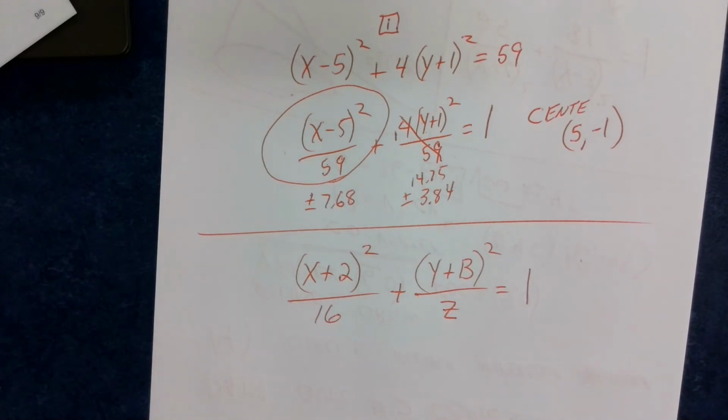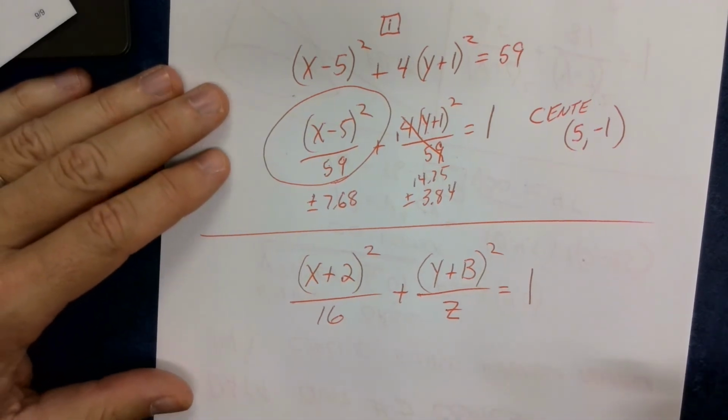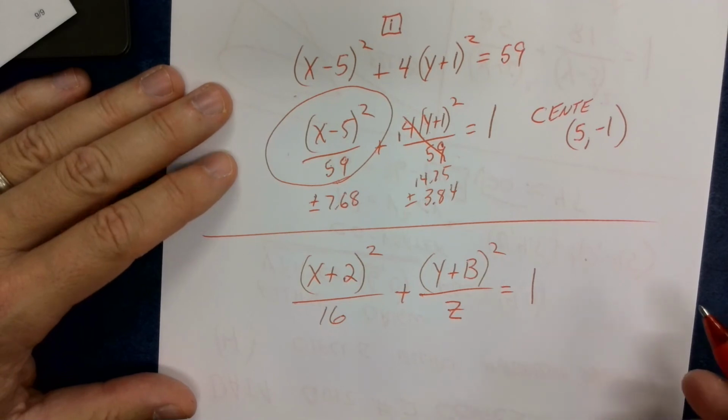So I say I have some equation like this, and I go, hey, how do I know that this happens to be centered in quadrant 4? What would I have to know? Would I need to know something about b or something about z to get it centered in quadrant 4?